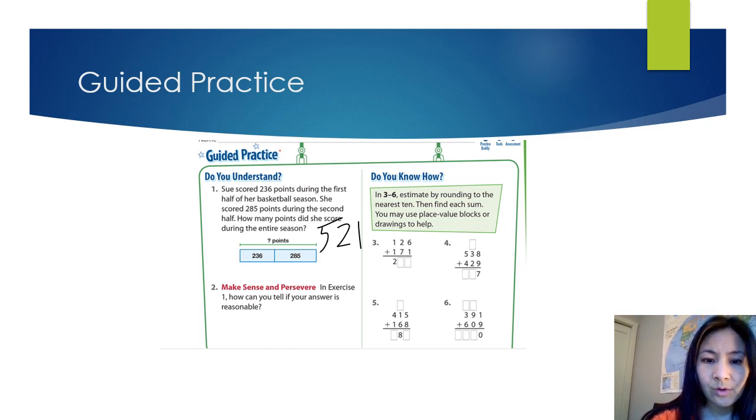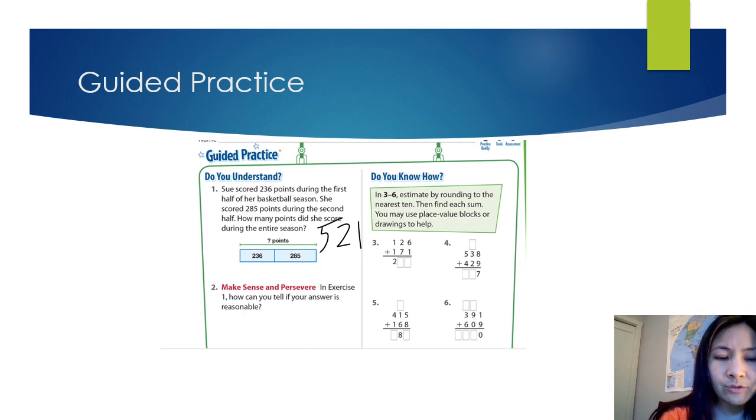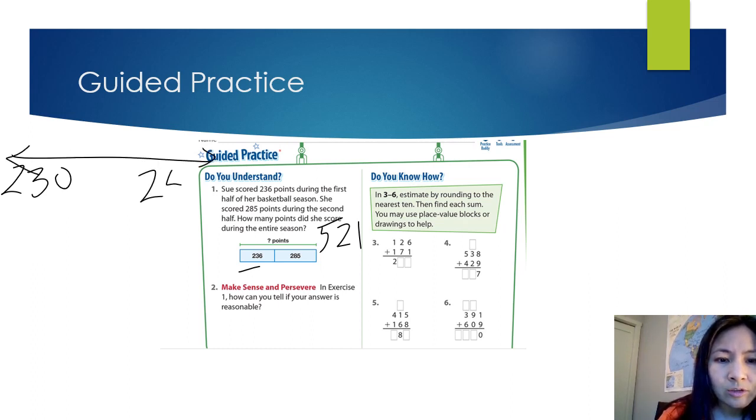Okay, so let's take 236 and round it to the nearest 10. Let's get practice. So is 236 closer to 230 or 240?